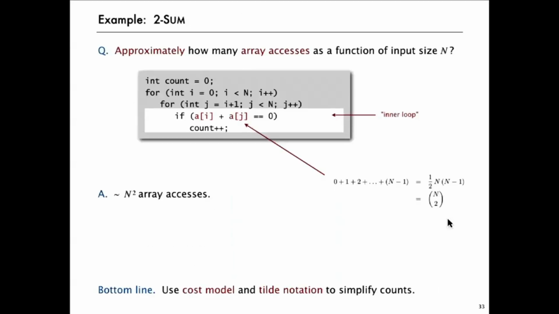All right, so now we're using both the cost model and the tilde notation, and we can simply say that this program uses tilde n squared array accesses and have implicit the hypothesis that we think the running time is going to be tilde a constant times n squared.